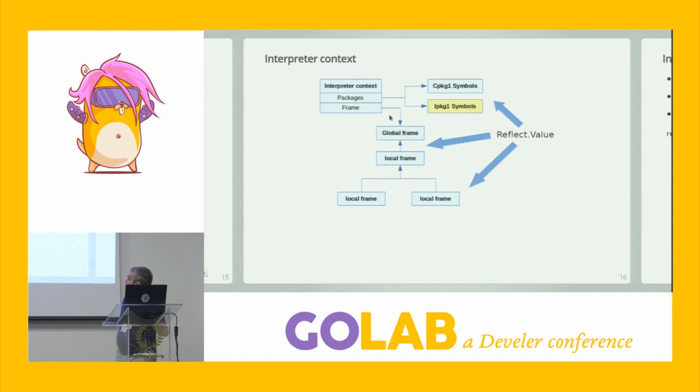It also contains the frame, which is the memory, all the data created by the interpreted functions. Everything in the interpreter context is represented using reflect.Value, so it's quite simple. Local and global frames are just arrays and slices of reflect values, and the compile and symbol tables are just maps of reflect values, indexed by the names of the symbols.